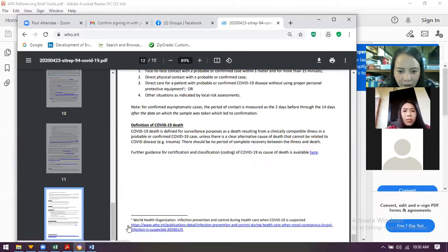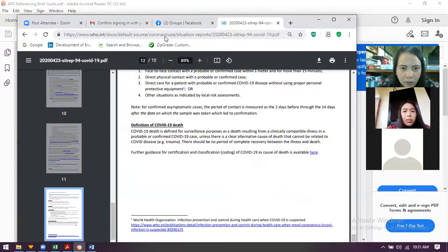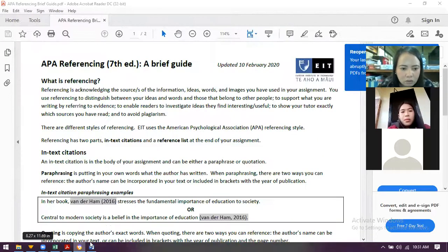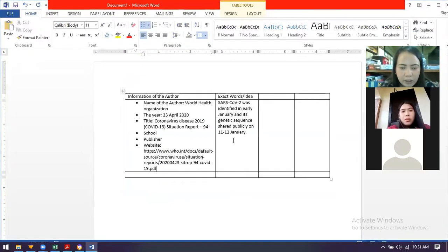And then, since meron silang website, pwede ninyo i-copy paste yung website dito. Copy niyo yung website nila.